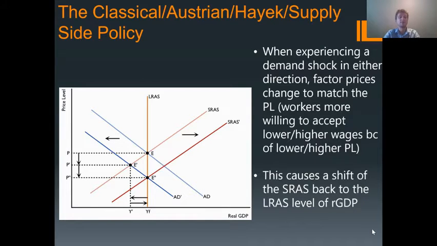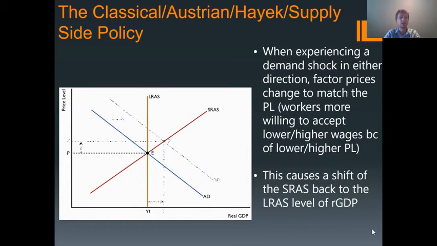The same thing would happen if demand shifted in the opposite direction. So if demand shifted to the right and we had a positive demand shock, and now we are in an inflationary gap. When we have this, we have higher than normal levels of employment going on. So people will start arguing for higher wages to make up for inflation, and because they're better able to, they have a better labor market.